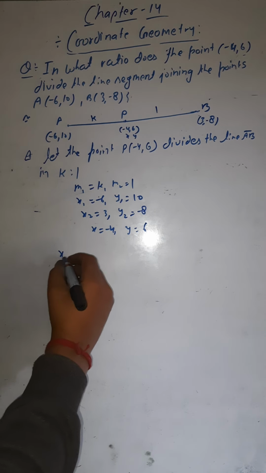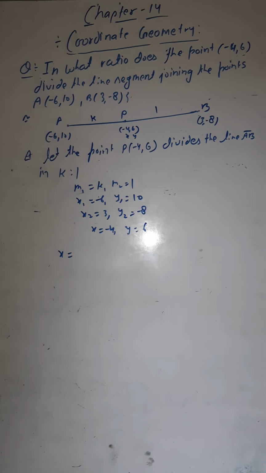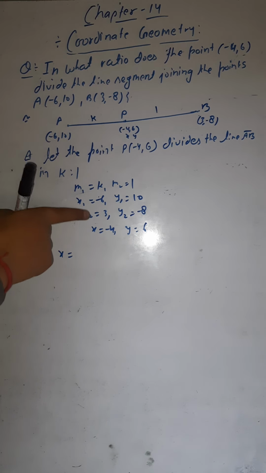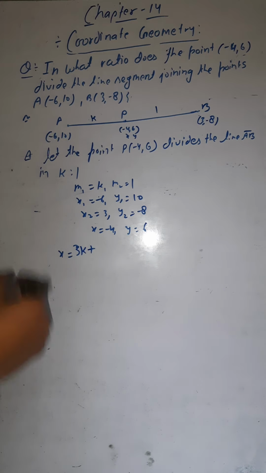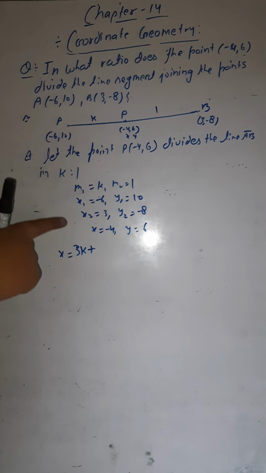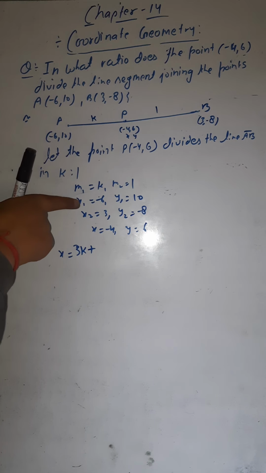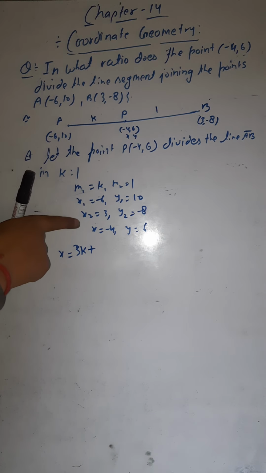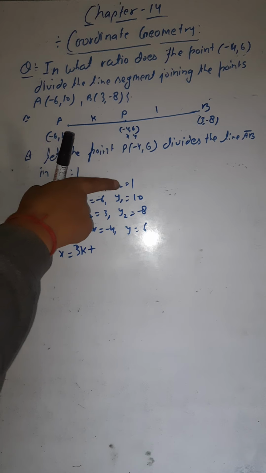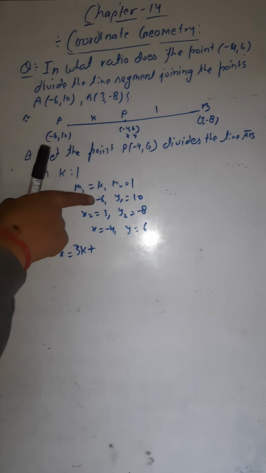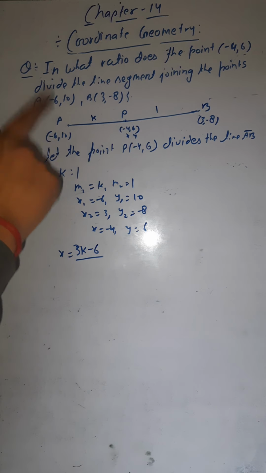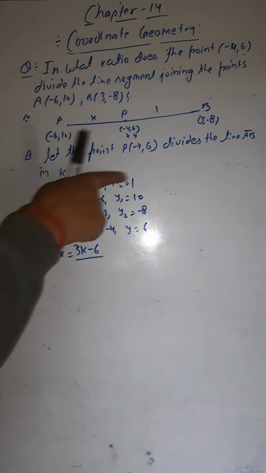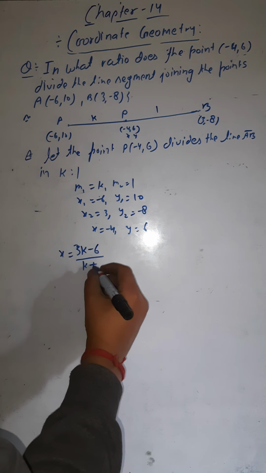So what is the section formula? The value of X is m1 x2 plus m2 x1. m1 x2 means 3K. m2 is 1 and x1 is -6, so it would be minus 6, divided by m1 plus m2, so K plus 1.